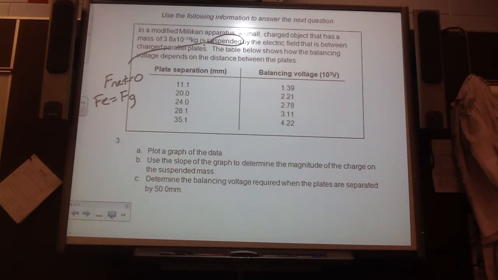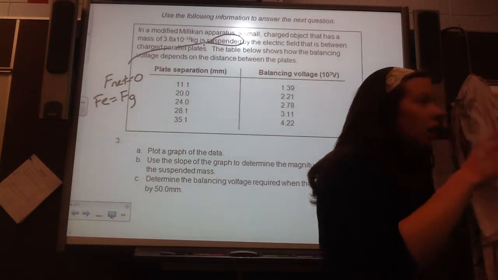For this, though, we won't have to manipulate the data, which is nice, because it will be a linear relationship.